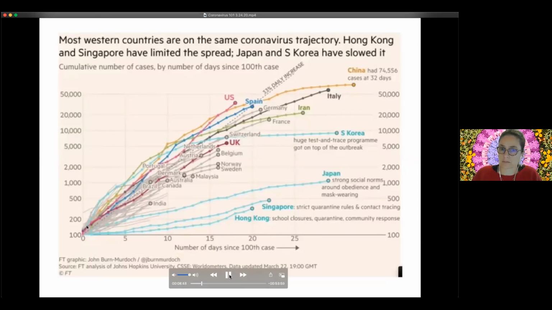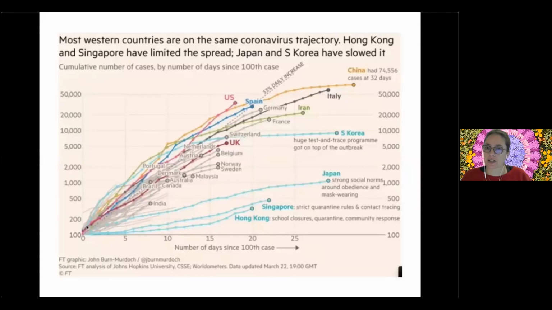And so I think we can anticipate that the number of cases are going to continue to grow exponentially in the future. I tried to get an updated version of this graph. This data is no longer being plotted in the same way because it's become clear that the trajectories are more relevant in a local context rather than at a national context.